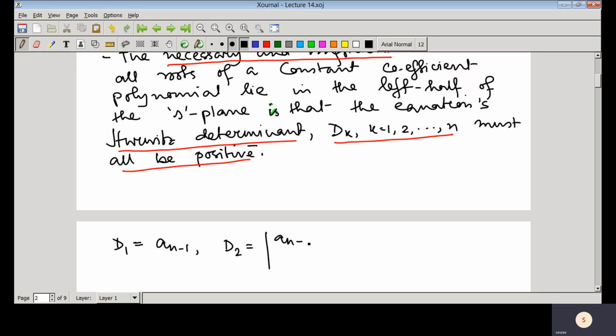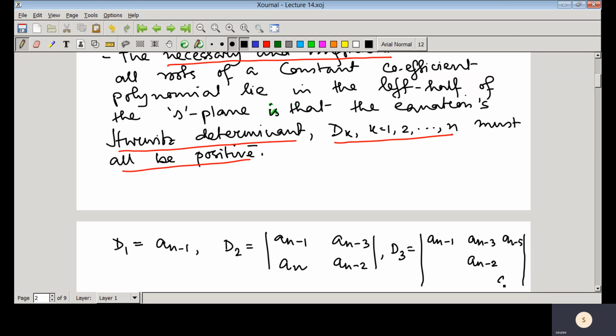Those are called Hurwitz determinants: an minus 1, an minus 3, and here an and an minus 2, then d3, a 3 cross 3 matrix, with an minus 3, an minus 5, and the diagonal an minus 1, an minus 2, an minus 4, and here an, and here 0, an minus 1.